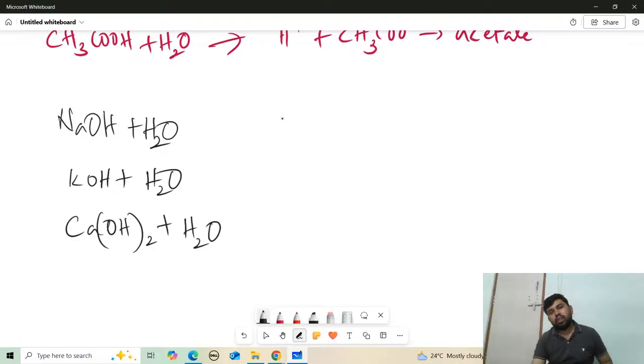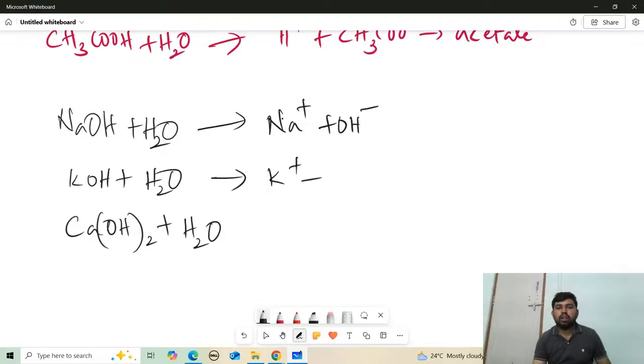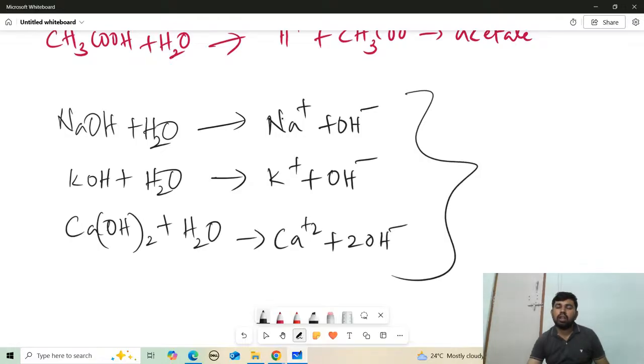So what are the ions here? I can expect Na plus ions and OH minus ion. Similarly, K plus and OH minus ion. Similarly, Ca plus 2 and 2 OH minus ions. So what is common here? The common ion in the bases is the hydroxide ion.